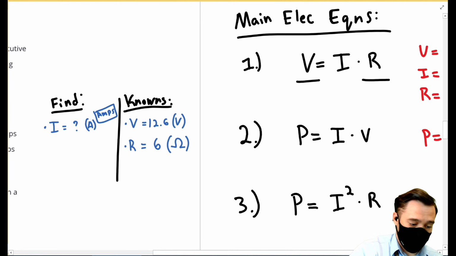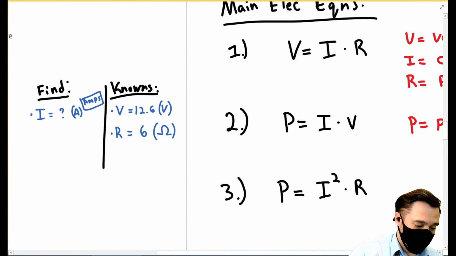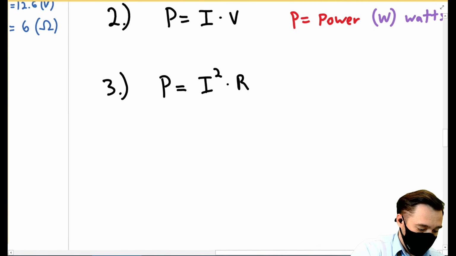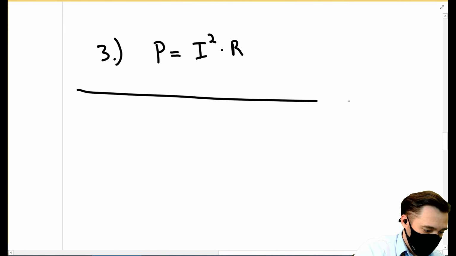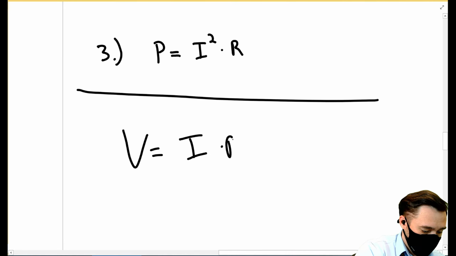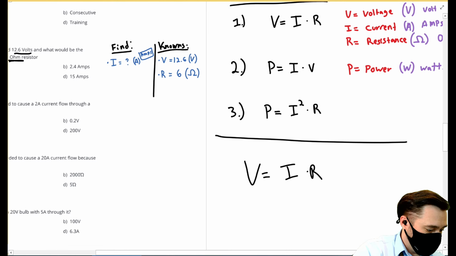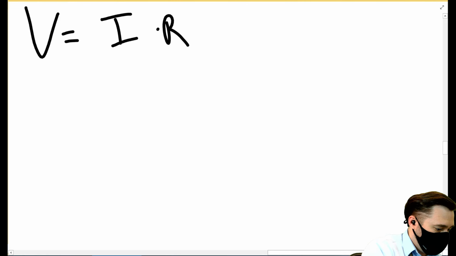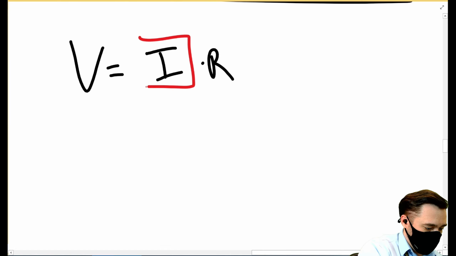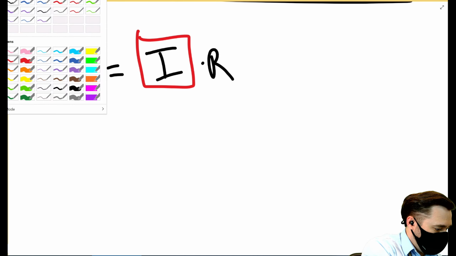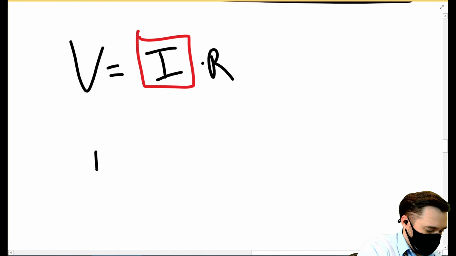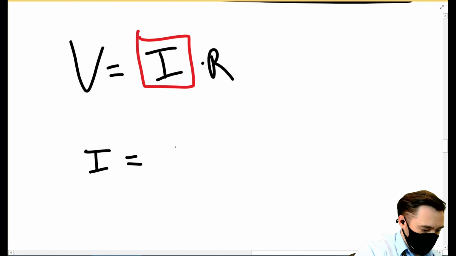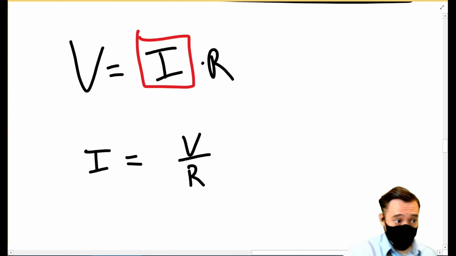So I must use the top one. V equals I times R. I'm asked to solve for I, so I want to solve for this. Hopefully you guys understand how I can solve for that. I don't need to explain how I get this.